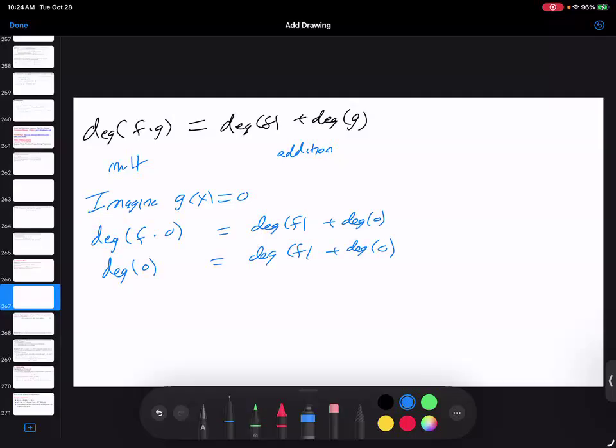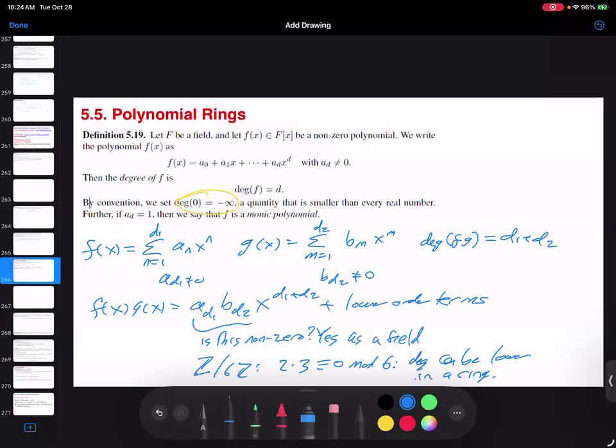There's only two choices that work for the degree of 0. What are the only two choices that work? One of them you should get just from looking at this. Negative infinity.